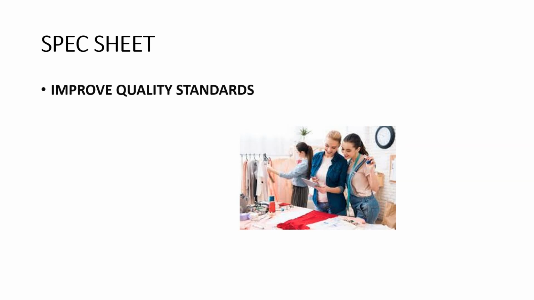When the buyer reviews the specification sheet with the sample garment, and when the amendment is done, and with the amendment the quality standard is reviewed thoroughly, with that approach obviously the quality of the product will increase.